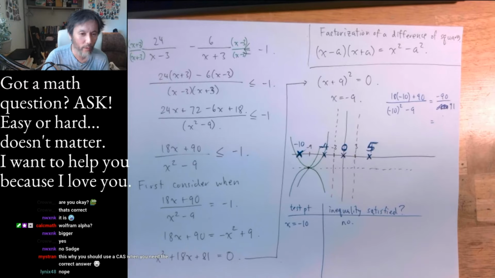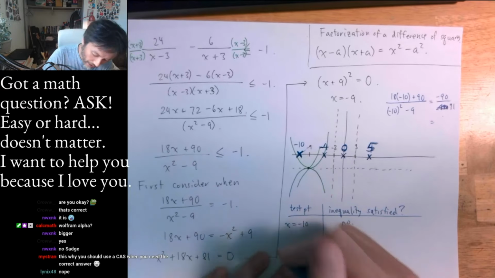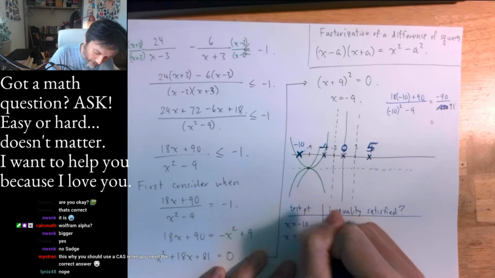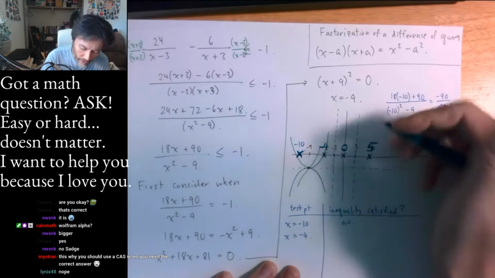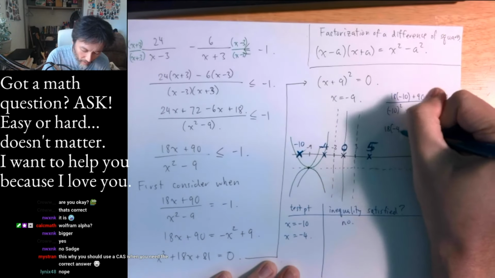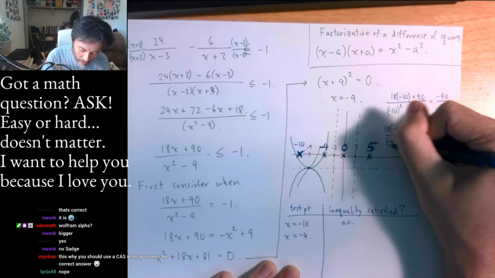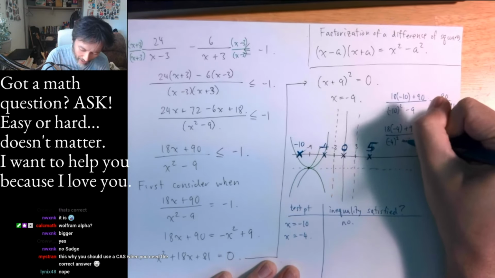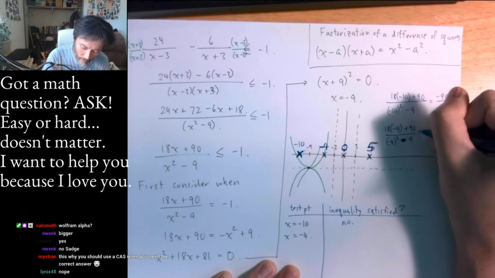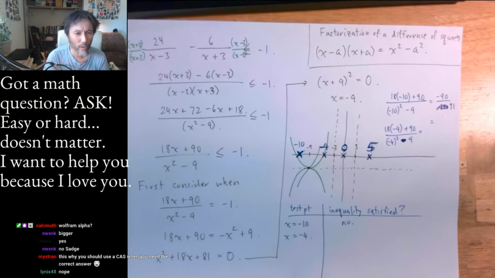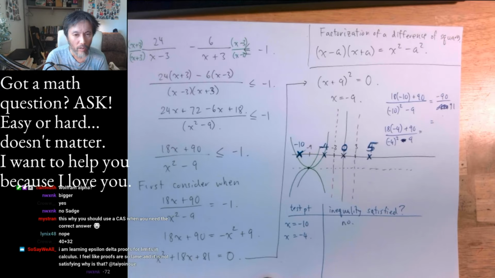I'm not good at arithmetic. Okay, whatever. x equal to -4. We play the same game. So what's 18 times -4? It's -72.